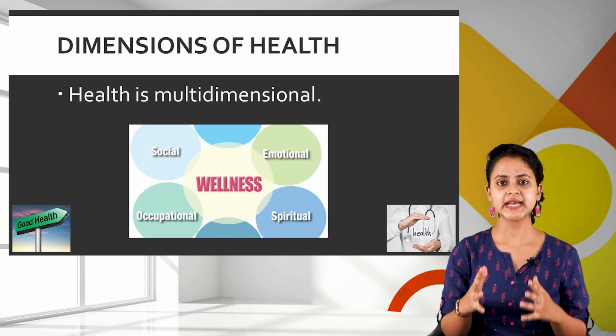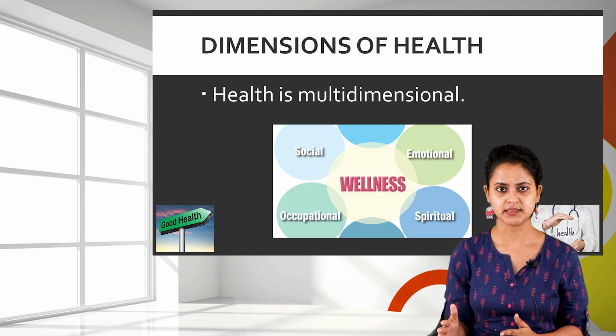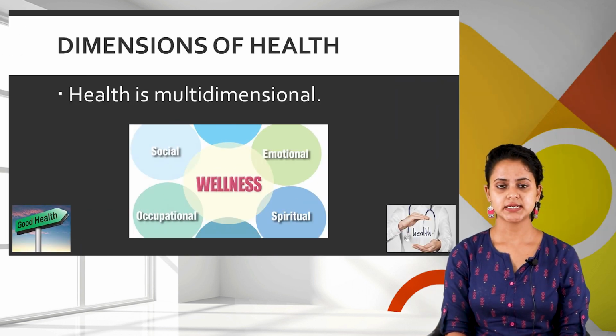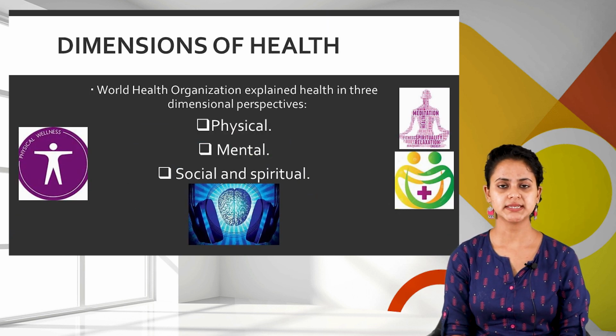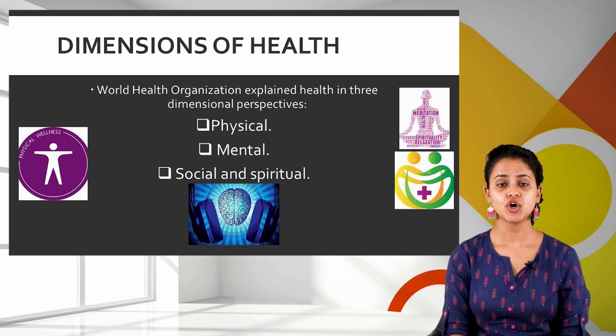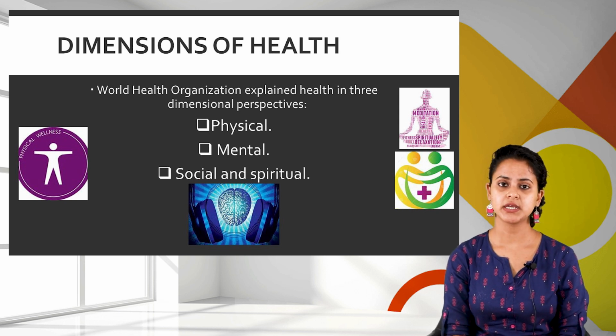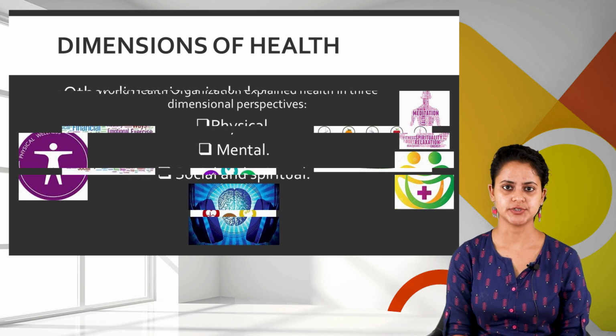Now we are going to discuss the dimensions of health. It has been considered that health is a multi-dimensional factor. The World Health Organization has explained that health has a multi-dimensional perspective, which includes physical dimension, social dimension, spiritual dimension, and mental dimension.